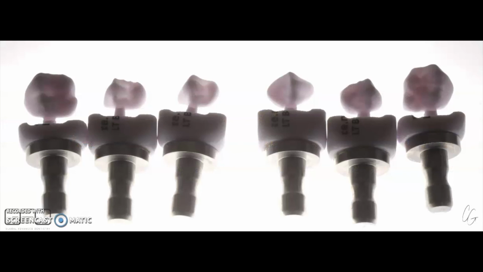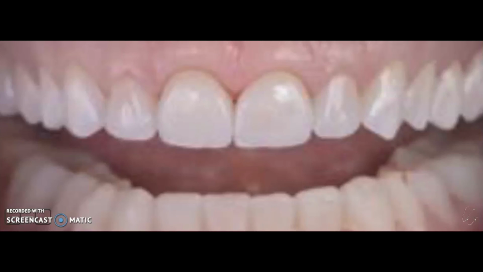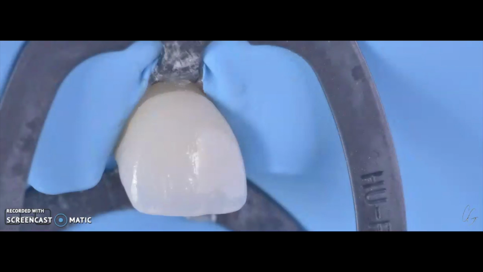So after this, the lab mill all the ceramic, and this is milling and painted ceramic, Emax and Impress. And this is a bonding time, very fast, the trying, place the rubber dam, look at the adjustment, it's just amazing.